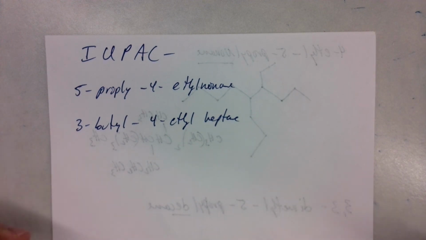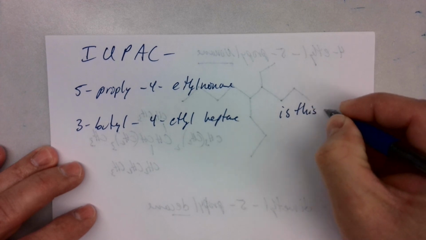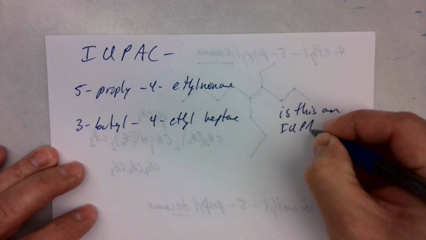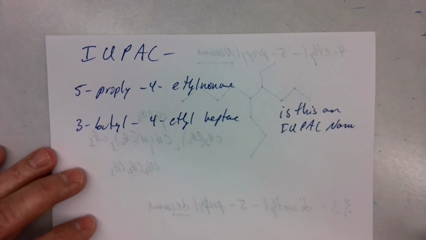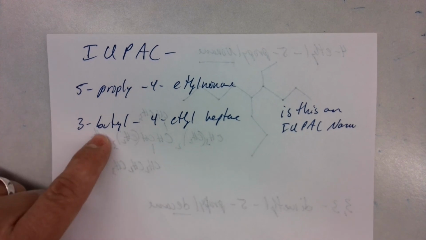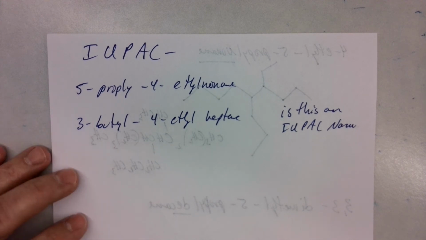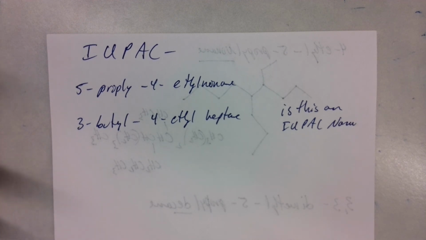And they're going to say, is this an IUPAC name? Which really just means, is this a legit name? I would draw this and then go back and see if there's a better way to name it, right? Iverson, can you just see that butyl's 4, so it would have to be... Okay, so that's things you can see, yes.